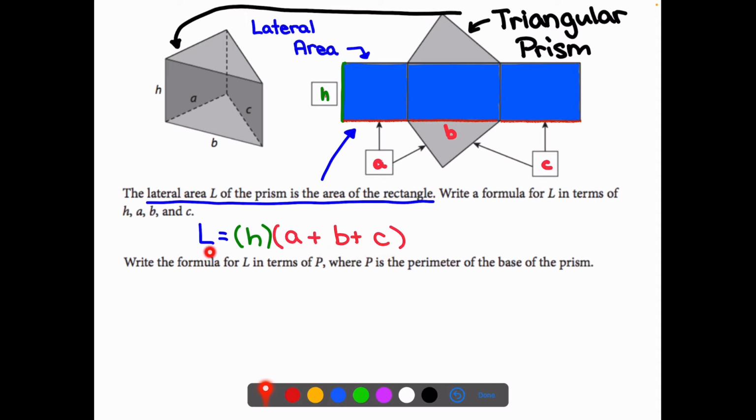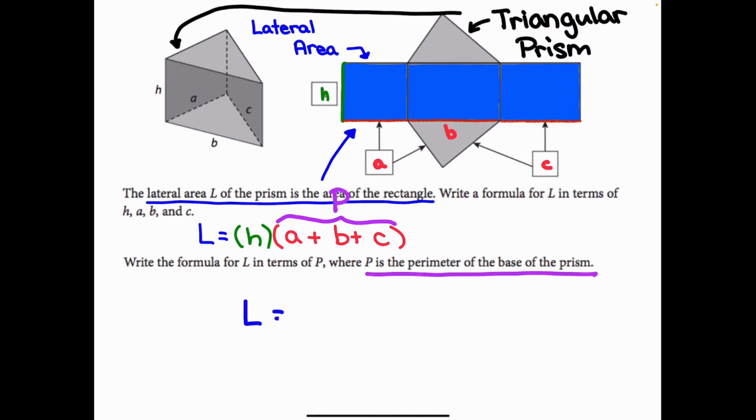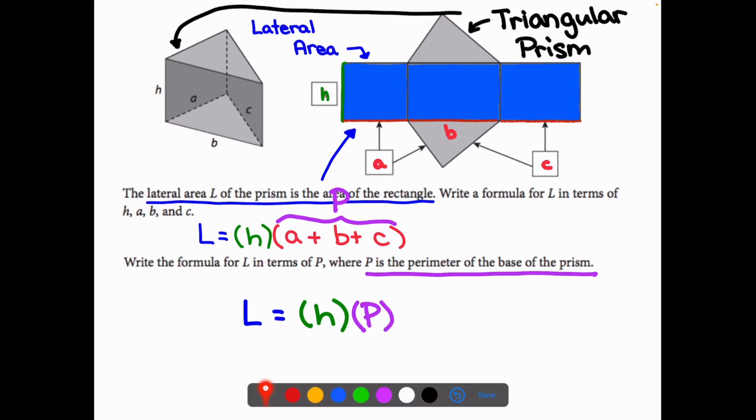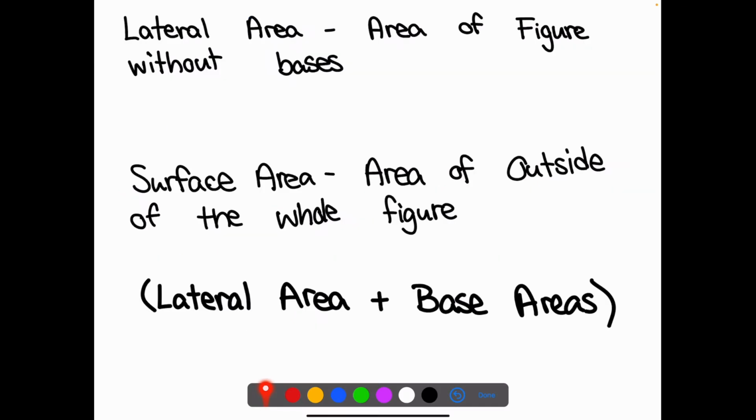So therefore, lateral area is equal to the perimeter of our base, whatever the base of our prism is, in this case it's a triangle, multiplied by the height of the prism. So this is our equation for lateral area: L equals P times H. And again, P is the perimeter around the base. So, just to recap, we just saw it as a triangular prism.